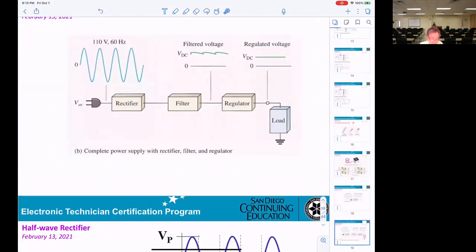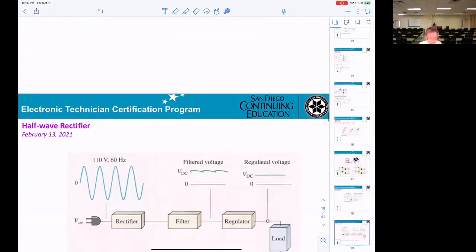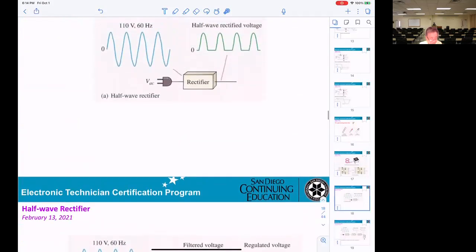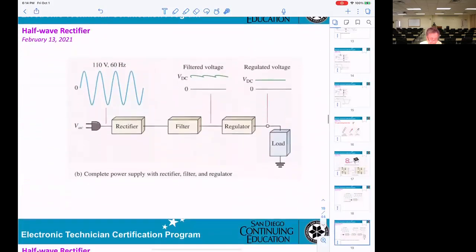And also now you can see, you get AC right here. Go to the rectifier. Okay. Basically, you get what we were just talking about in here. Just the half-wave rectifier. And then go to the filter. And now you can get the output, a VDC.